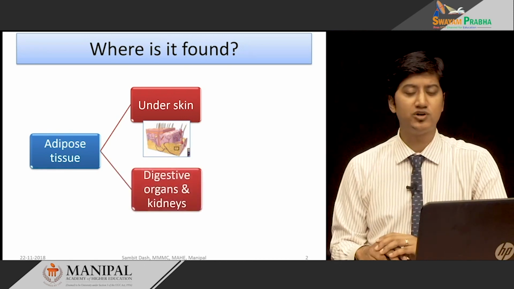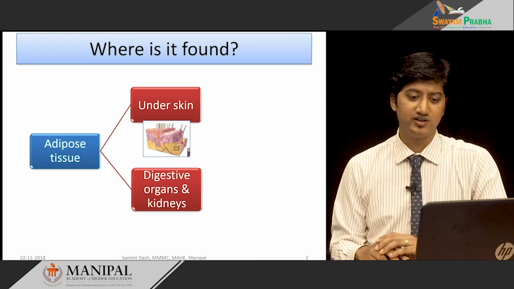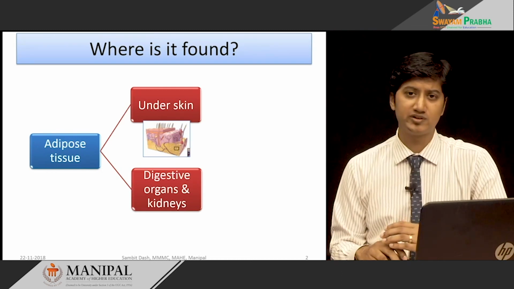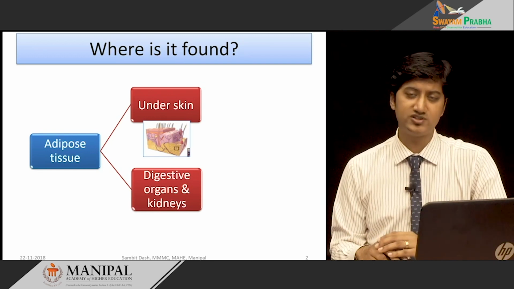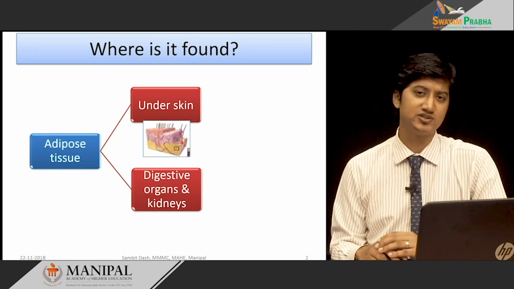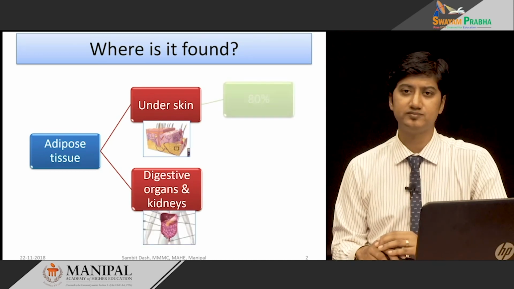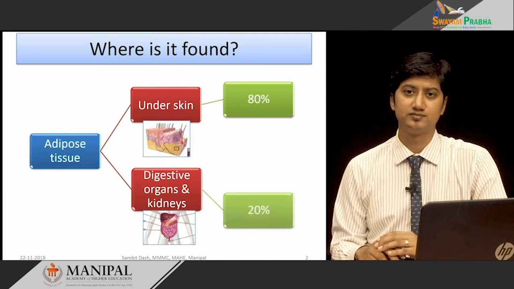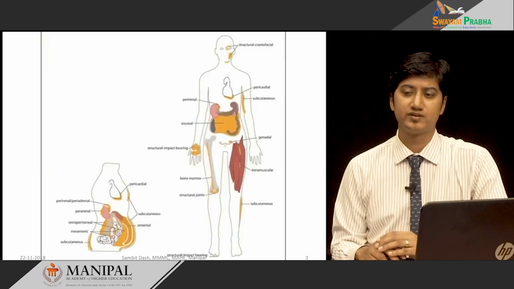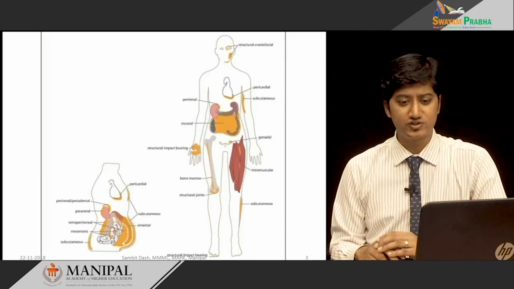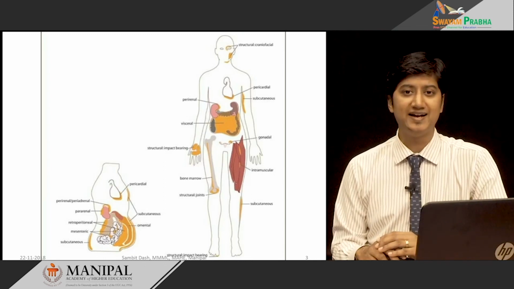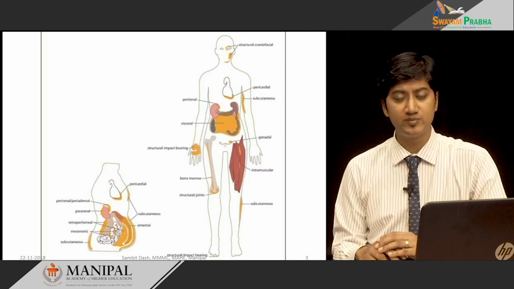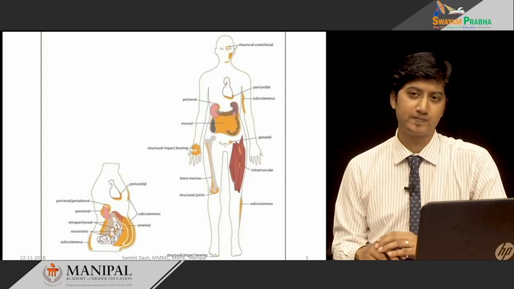The adipose tissue around the digestive organs like the stomach, intestines and including the kidneys comprises the intra-abdominal region, which comprises 20% of body fat. The majority of adipose tissue is found in the abdominal and scapular region in the upper body and the gluteal and femoral region in the lower body.